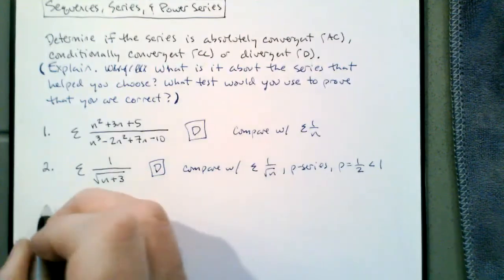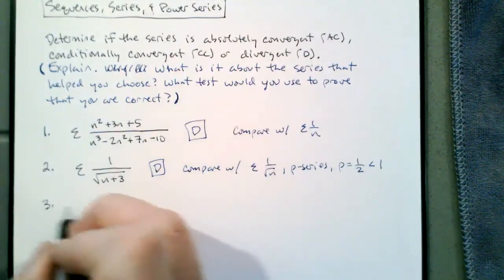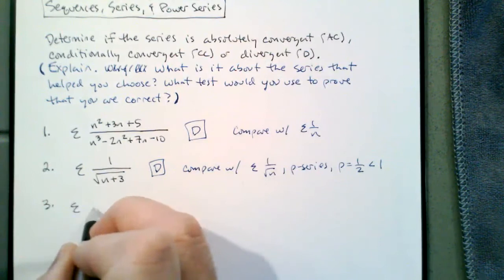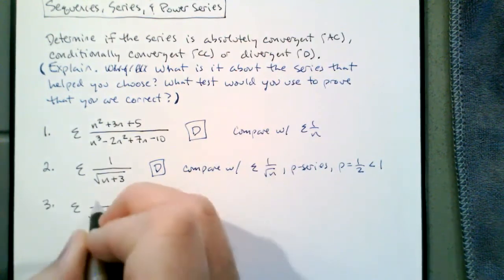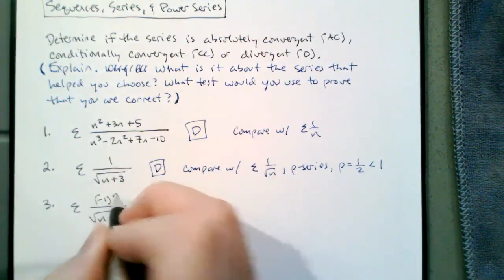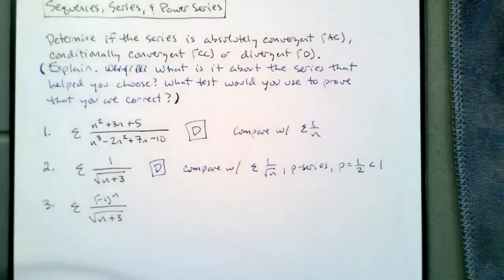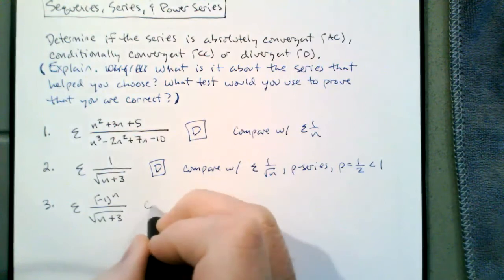If we look at a variation of this, it's not the individual problems that we do, it's the changes, and that's where stuff happens. So if I change this to a minus 1 to the n, if I throw in the alternating on this, we know that the series without the alternating diverges, but the terms still go to 0. And so if I throw alternating on top of that, now we can get conditional convergence.